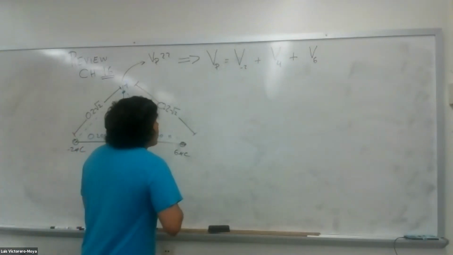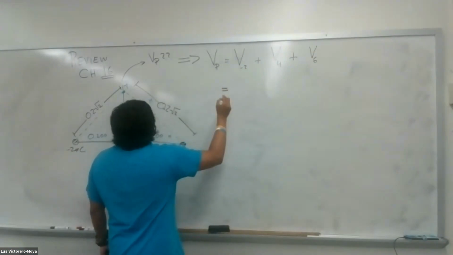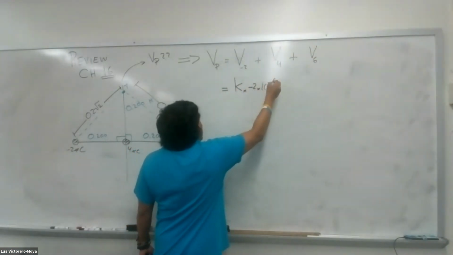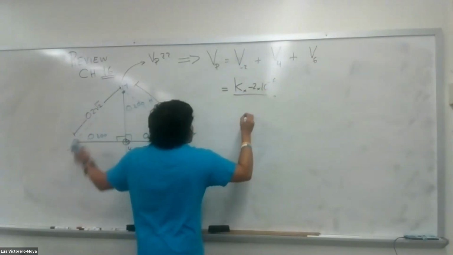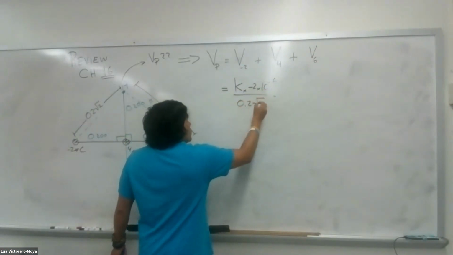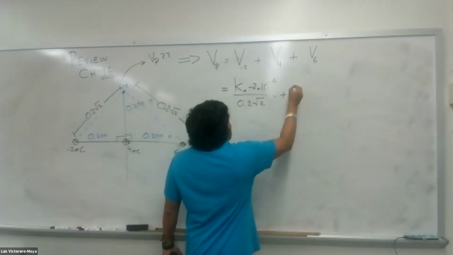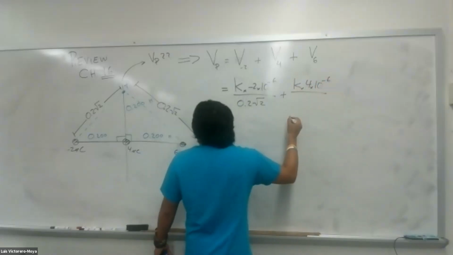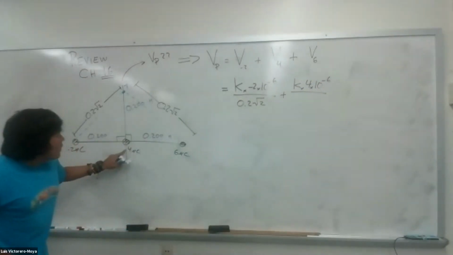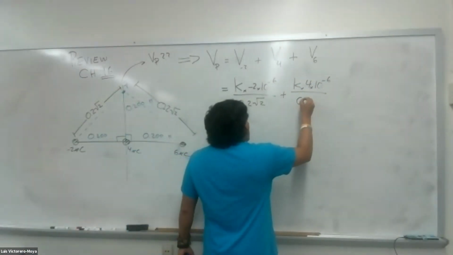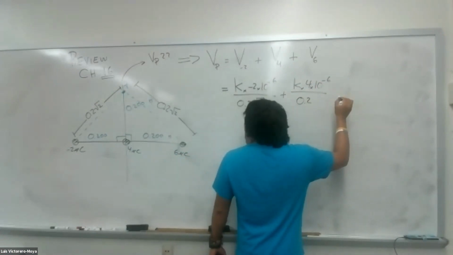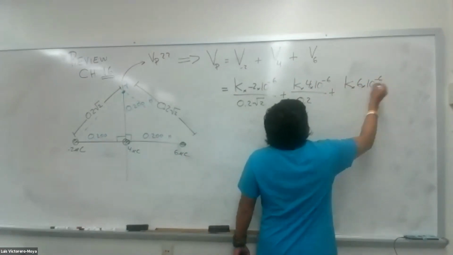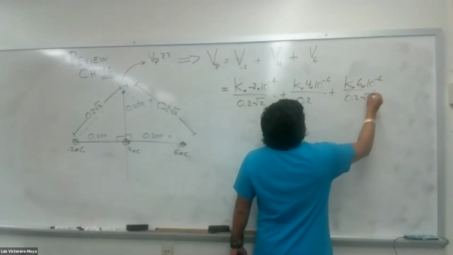All right, microcoulombs. So this will give me K times -2 times 10 to the -6 divided by the distance, which is 0.2 root 2, plus K times 4 times 10 to the -6 divided by the distance between 4 and the point, which is 0.2 actually, plus K times 6 over 0.2 root 2.